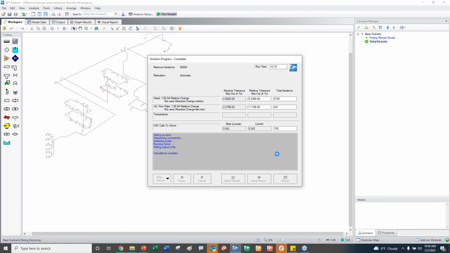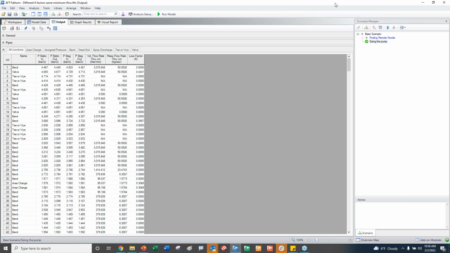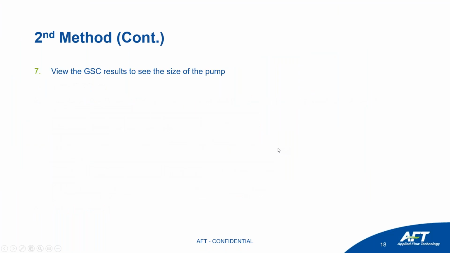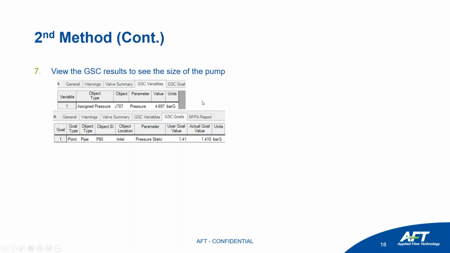We run the model. We go to output. We view the results on GSC to see the size of the pump. So the size of the pump required is 4.697 bar G for the pump to meet the pressure in the remote nozzle of 1.41 bar G. But we have to check the results to make sure that the minimum flow is above 37.87.